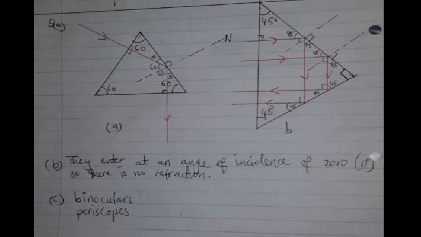Therefore, total internal reflection will occur, and it's going to go parallel to the other side through which it entered. Then, when it reaches the third side, it's going to be totally internally reflected because the angle of incidence, the 45 degree angle, is greater than the critical angle, therefore giving a total internal reflection.